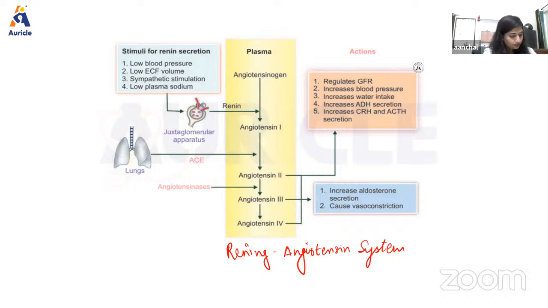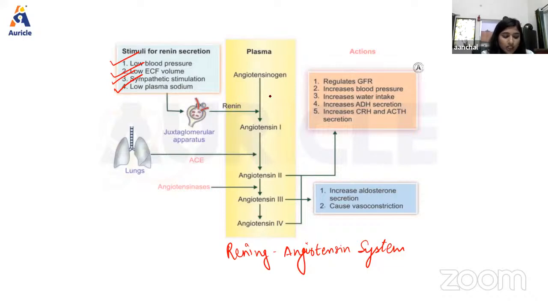So, as we have discussed, these are the stimuli responsible for the secretion of renin from the kidney, in which we have learned whenever there is low blood pressure or low ECF volume or any increase in sympathetic stimulation or low plasma sodium level, right? So what will happen whenever renin is released into the blood? From the JG apparatus, the renin will be secreted into the blood.